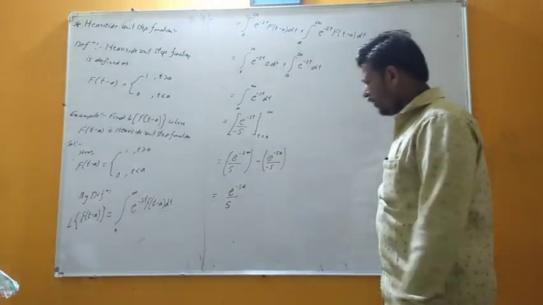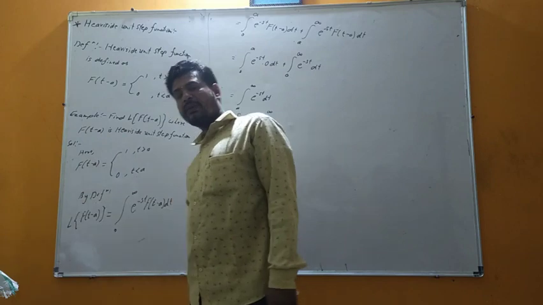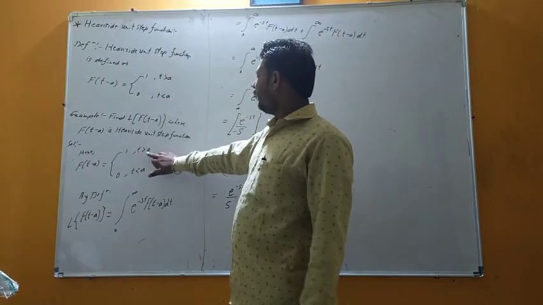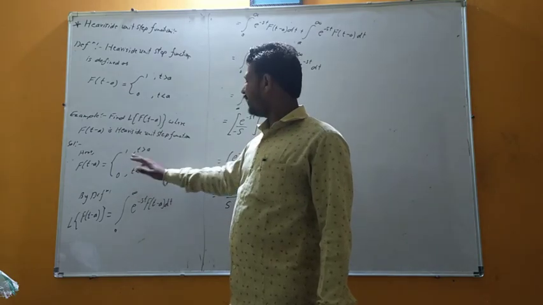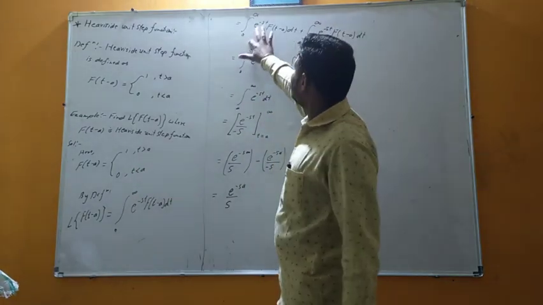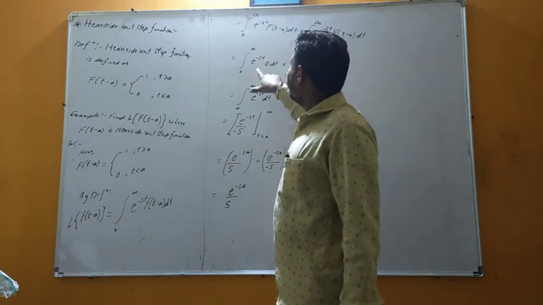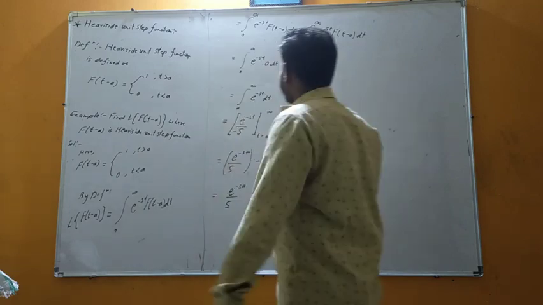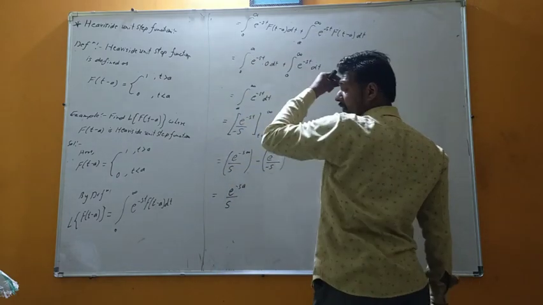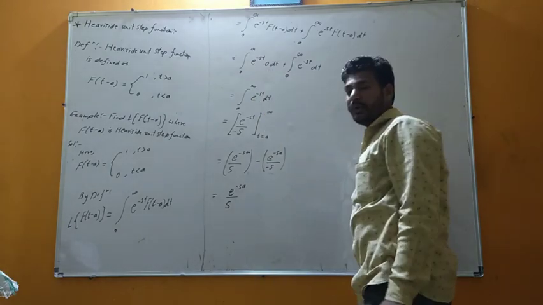Now think over the definition of the unit step function. For t less than a, that is from 0 to a, f of t minus a is 0. So we write the integral from 0 to a of e raised to minus st into 0 into dt.